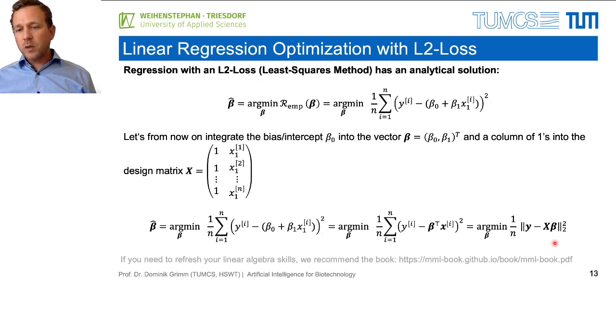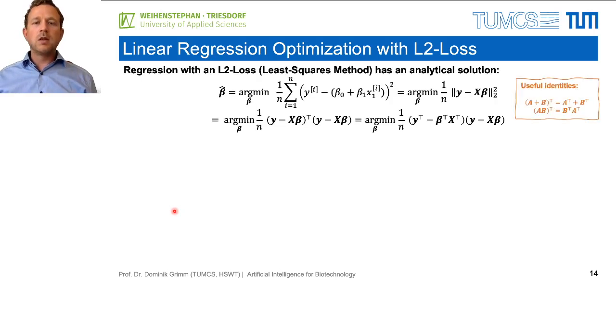So I now said we have to minimize this function here so that we can find the optimal beta values. So how do we do this? We first rewrite this function using some identities which we might know or still know from linear algebra.